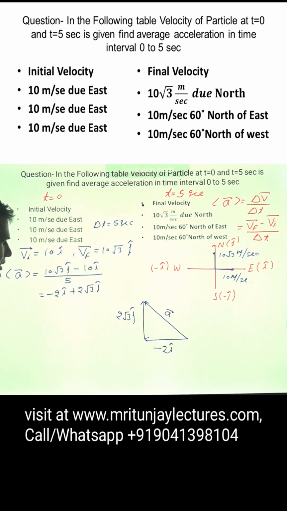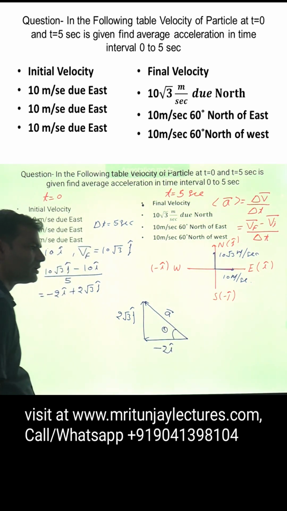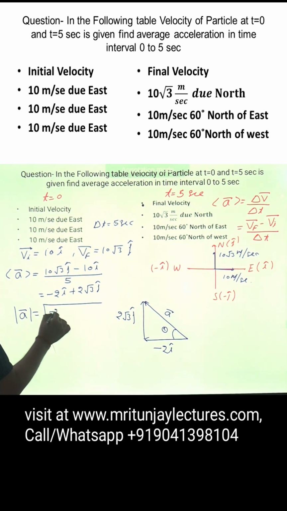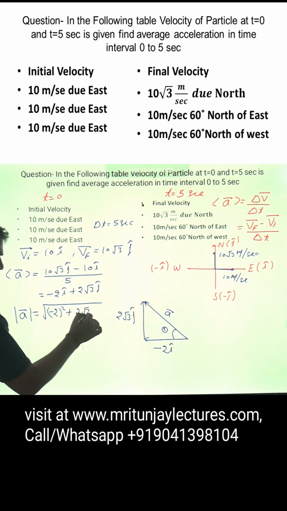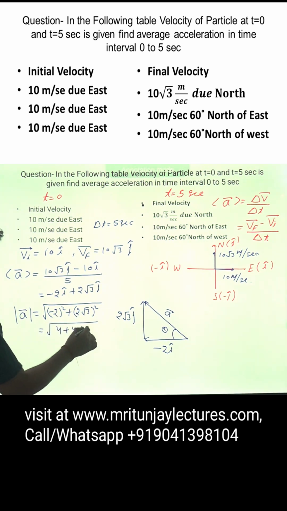And what about the angle theta? The magnitude of a is the square root of minus 2 whole square plus 2 root 3 whole square. We get 4 plus 4 into 3, so we got 4 meter per second square.